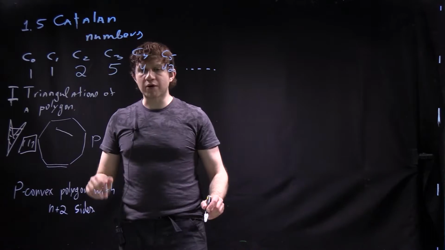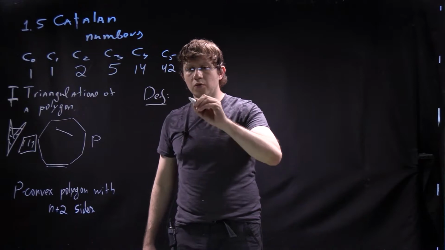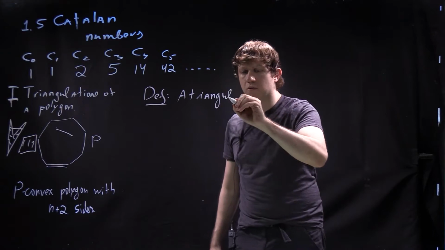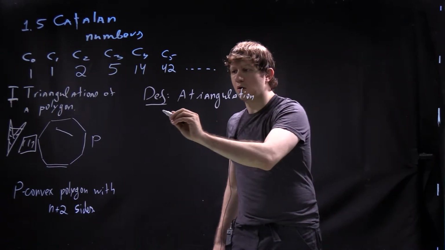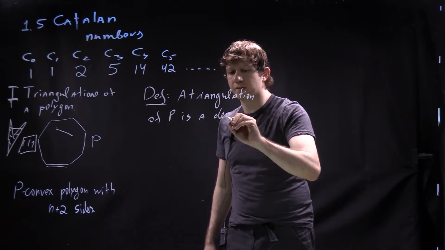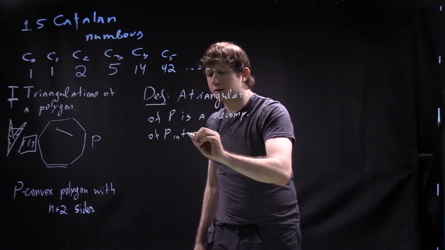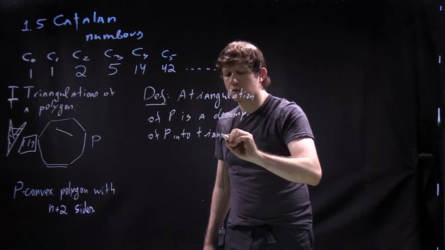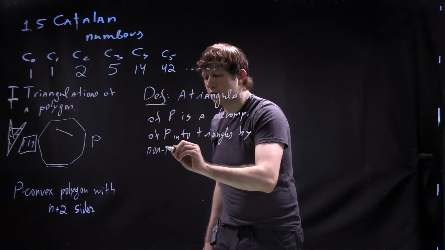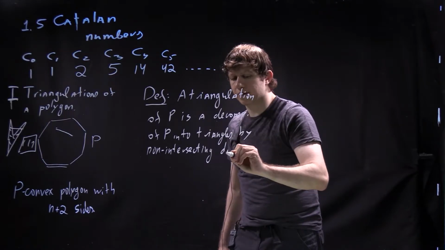So, what is a triangulation? It's a little definition. A triangulation of P is a decomposition of P into triangles by non-intersecting diagonals.